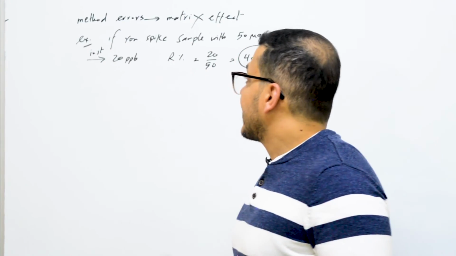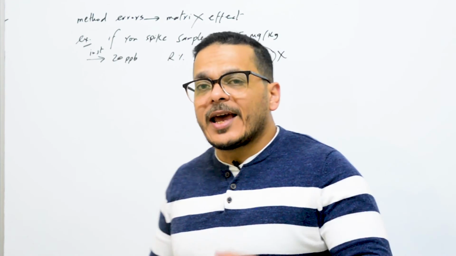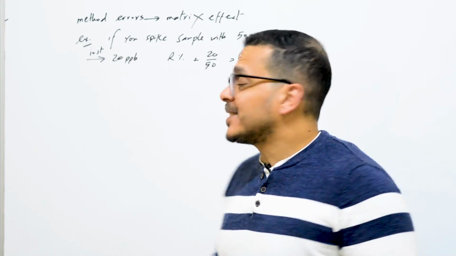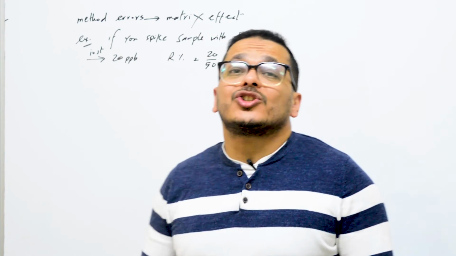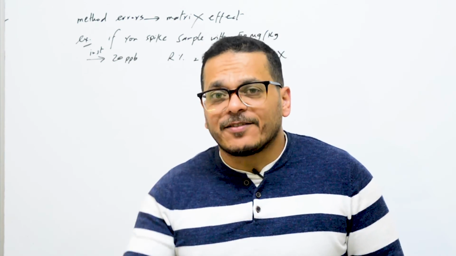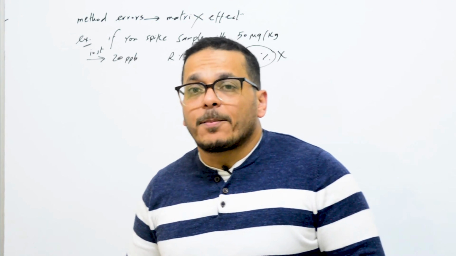As in this example, if you spike the blank sample with 50 microgram per kilogram and you get 20 on the instrument, the recovery in this case equals 40%, which is not accepted. So in this case there is an effect of matrix interferences on target analytes by suppression.